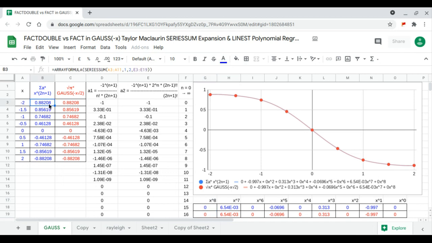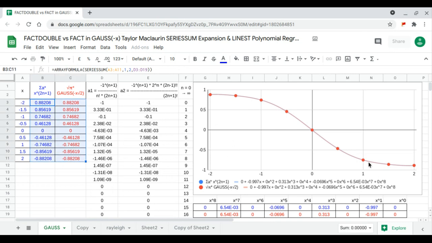Next, we change because we're using the double factorial. Suppose I change the factorial as the expansion coefficients. This time we'll use the factorial. Enter. The data sets are still the same.